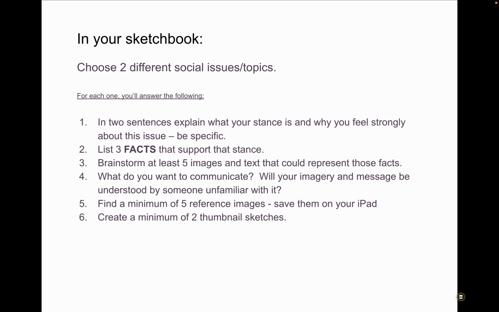You might have to do some research with this. With that comes number 2. You're going to list 3 facts that support your stance. Facts. This is important. Not opinion. Facts. There's proof. For example, having a certain animal become extinct can ruin the life cycle of other creatures.